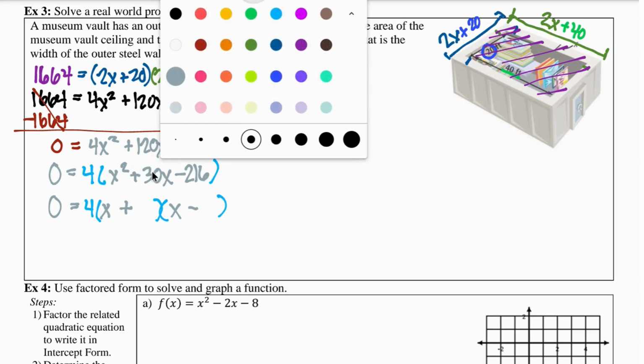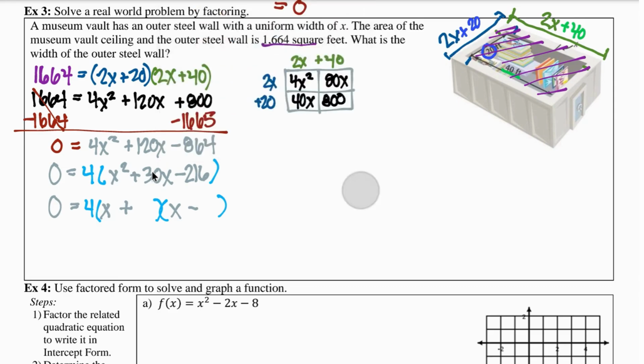So I'm looking for two numbers that multiply to negative 216 and then add to 30. The two numbers that are going to work are negative 6 times positive 36. So I'm going to have x plus 36 times x minus 6.